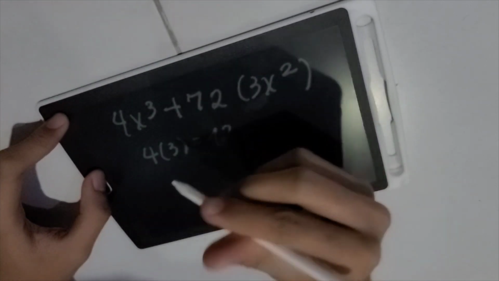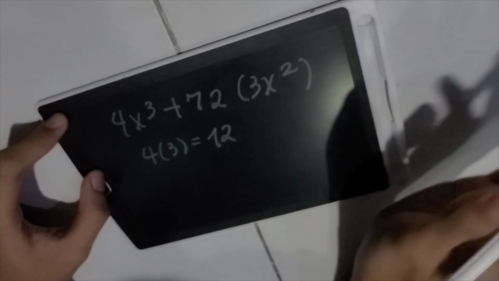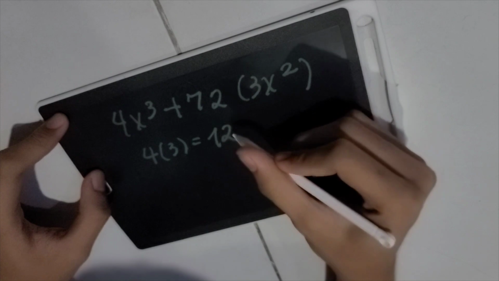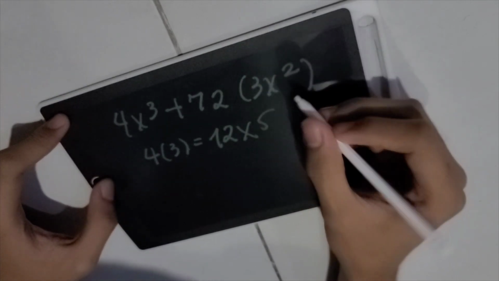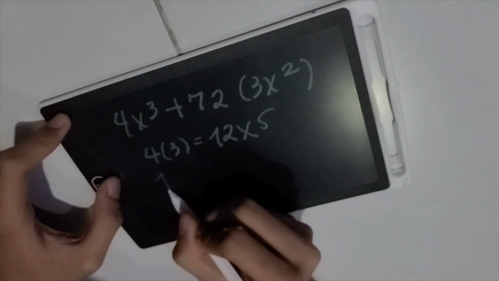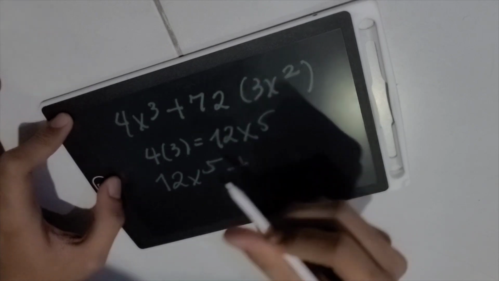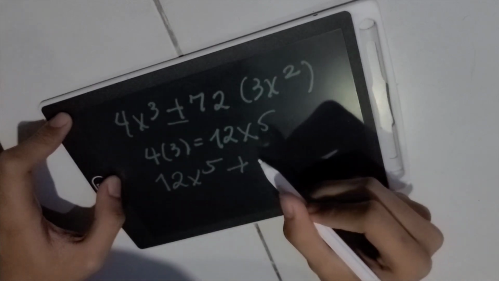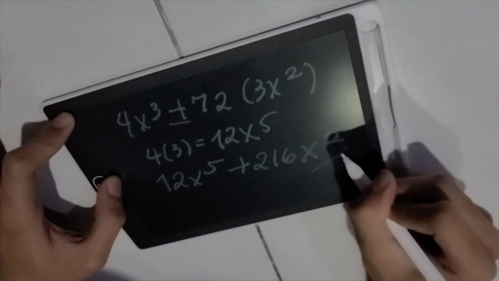So, x cubed and x squared, magiging x raised to 5 siya. And then, 72 times 3 is equals to 216. So, ang magiging sagot natin, 12x raised to 5 plus, copy the sign, 216x squared. Ito ang final answer natin.